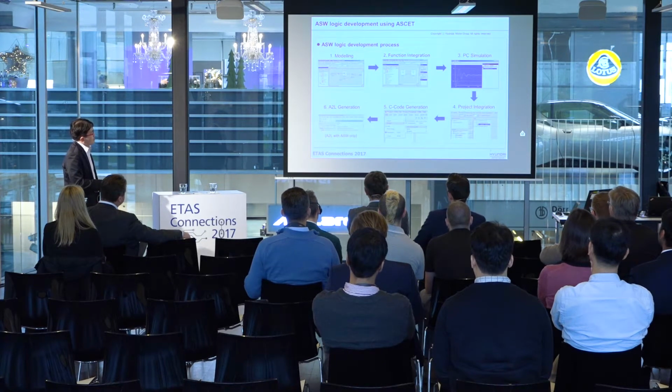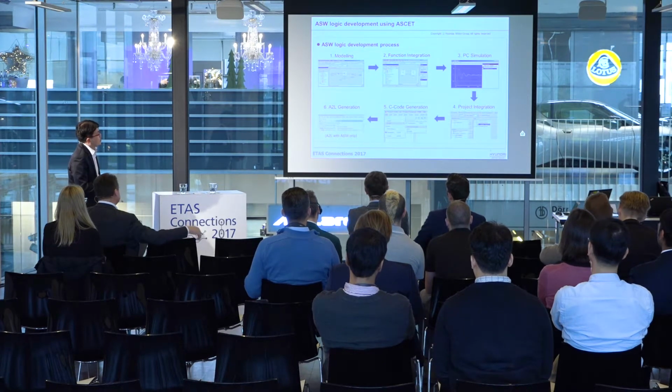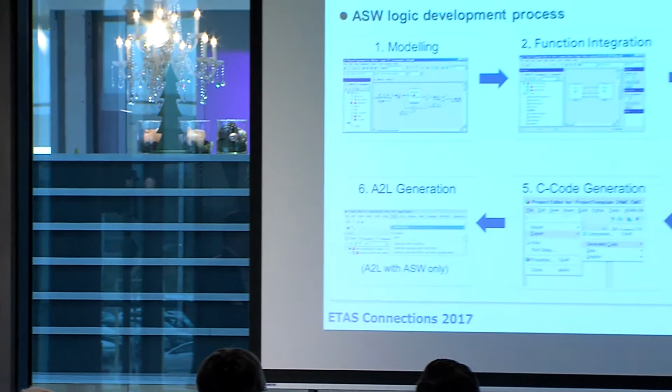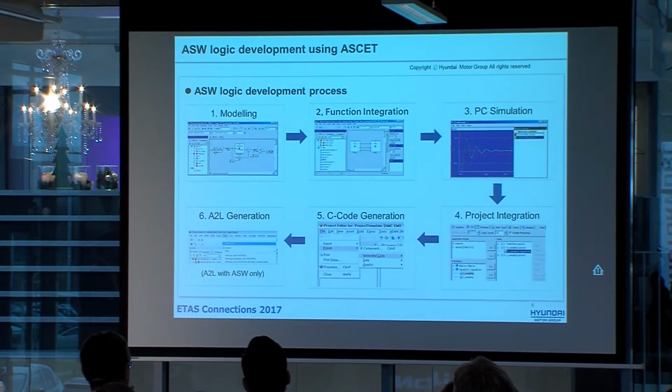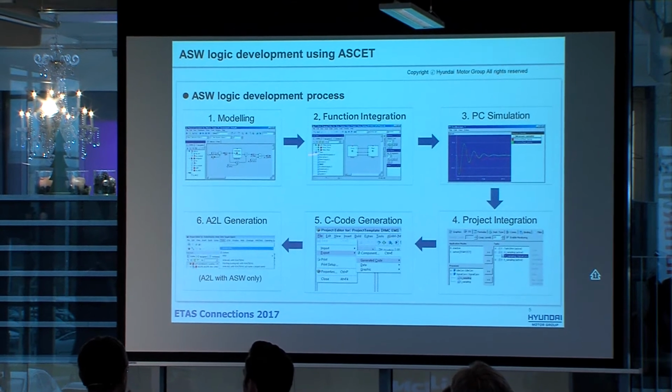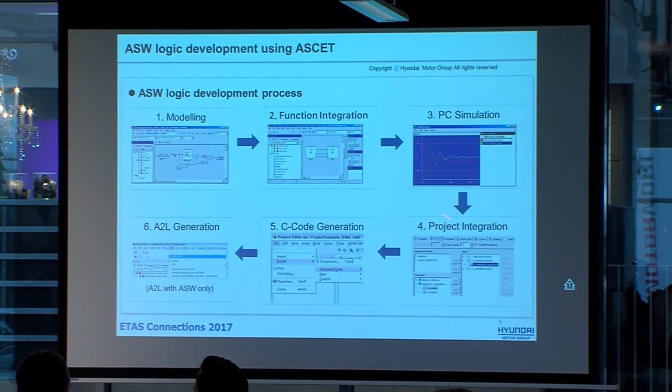And then, simulation will proceed to verify the function is working as planned. Once the developer has validated this function, the developer asks the integration officer to add each function into the project.